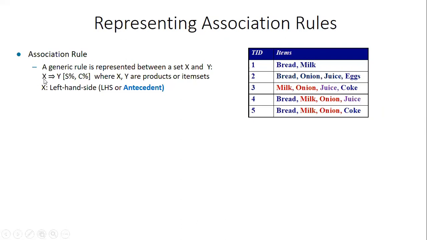X we call the LHS, otherwise antecedent, and Y we call the RHS, that is the consequent. Example: milk onion tends to juice. Milk onion is the LHS, the antecedent, and juice is the RHS, the consequent.